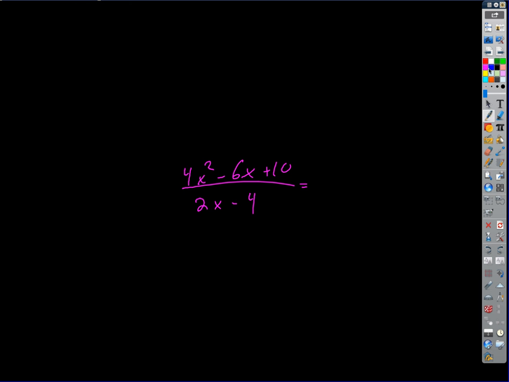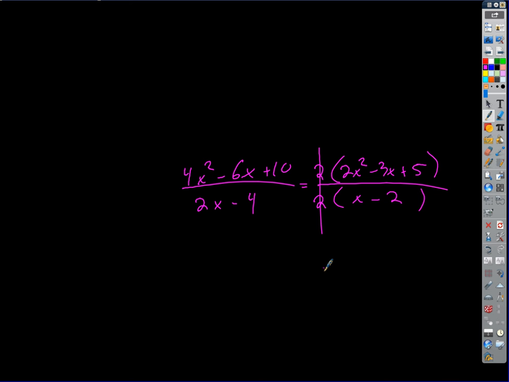Anyway, I could just factor a 2 out of the top, and what am I left with on the top? 2x squared. On the bottom, I could factor a 2 out, and what am I left with? And then I could just cancel those 2's, right?